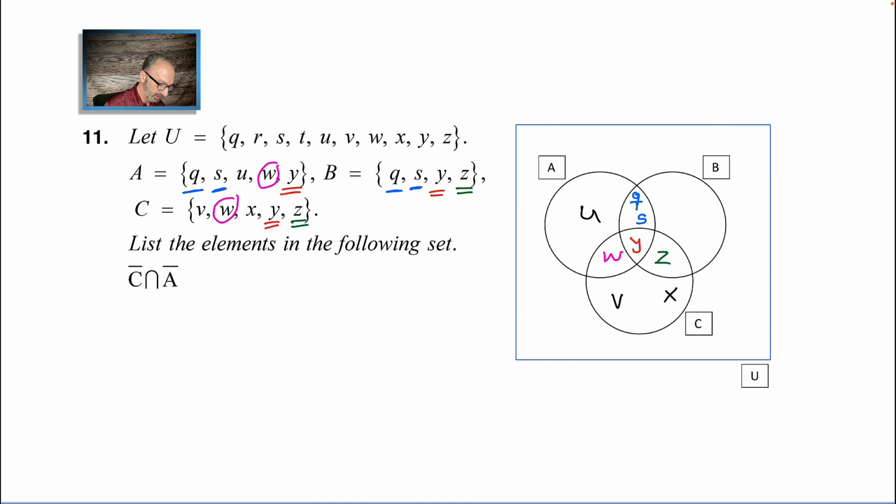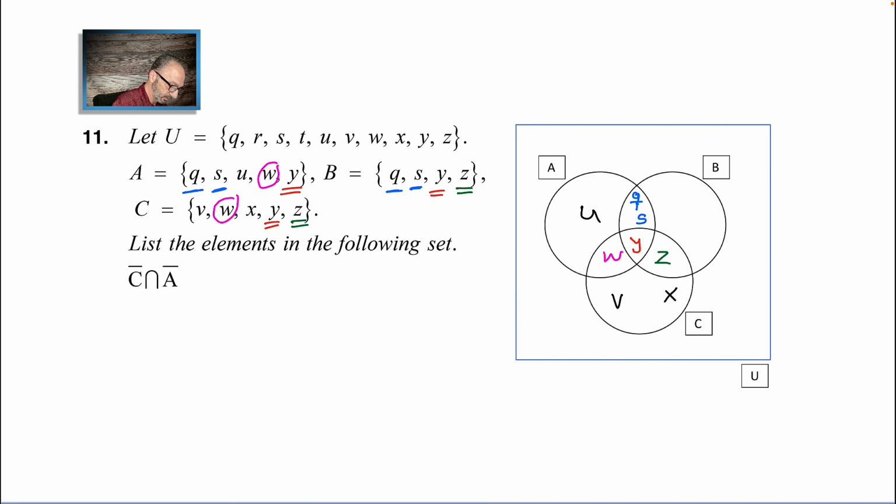Now, going back to the U part, everything is mentioned except R and T. We talked about everything else. Let's circle them or point to them.